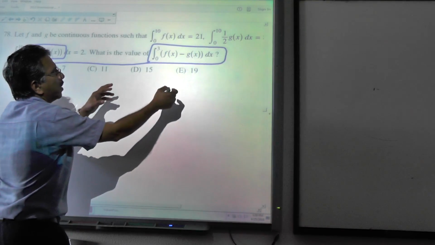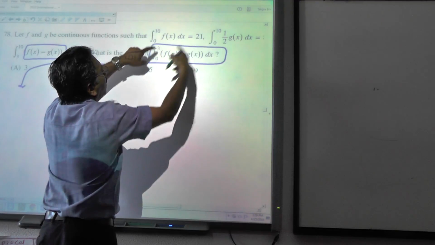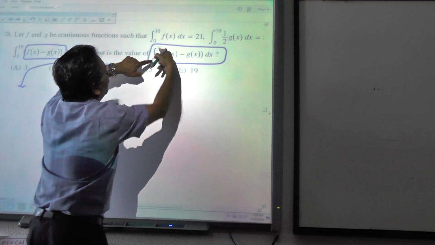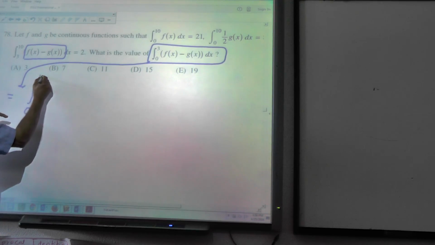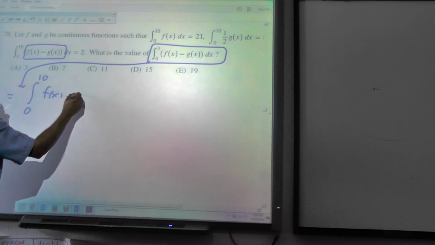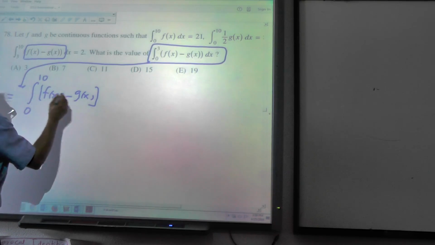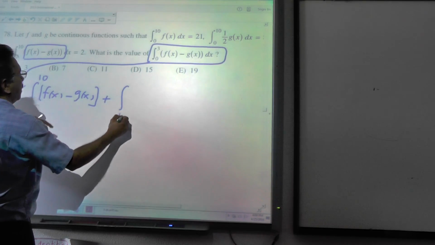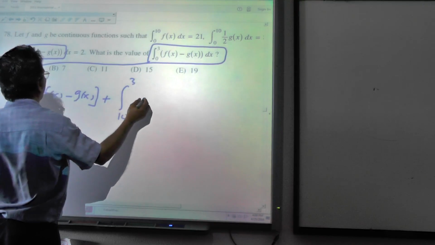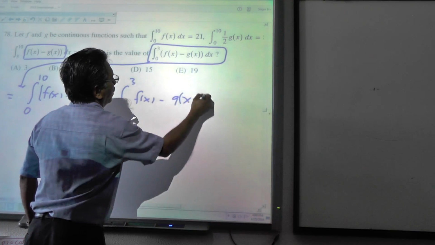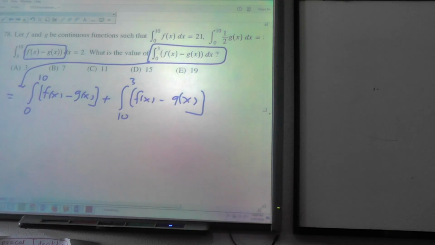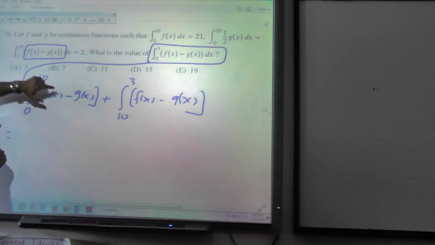Since there is a 10, I'll say from 0, instead of going from 0 to 3, I'll go from 0 to 10 of fx minus gx, and then from 10 to 3. And we have seen this earlier, why it is. Since you are given from 0 to 3, I started from 0 to 10 and then 10 to 3.